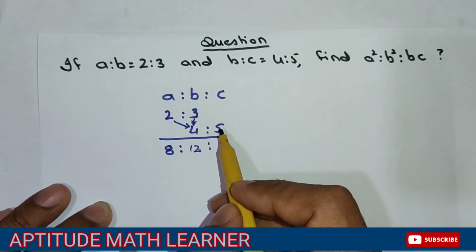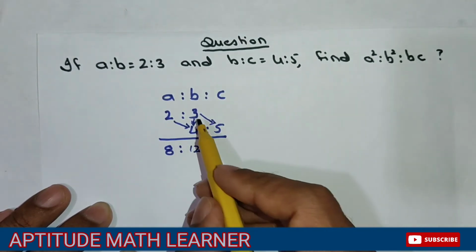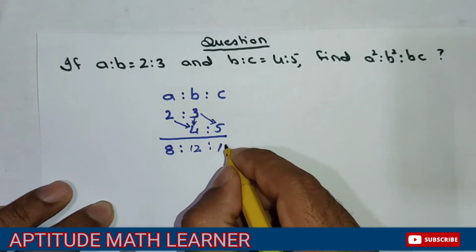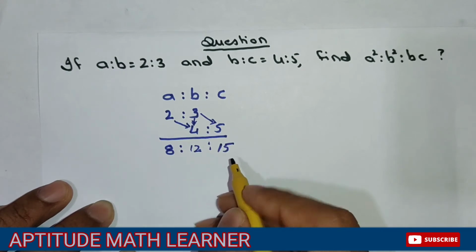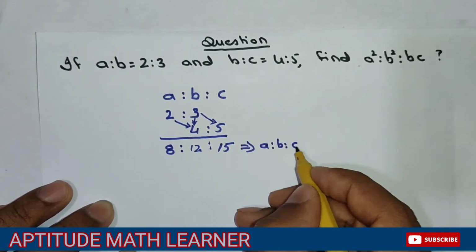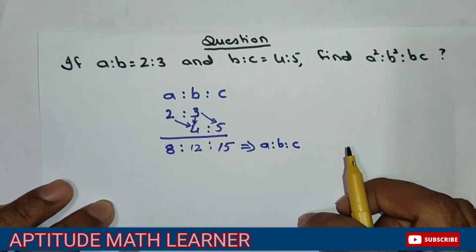And for B ratio C, this will be multiplied by the downward 5, so 3 multiplied by 5 we get 15. So this 8 ratio 12 ratio 15 is the value for A ratio B ratio C. So we have just found the ratios for A, B and C.